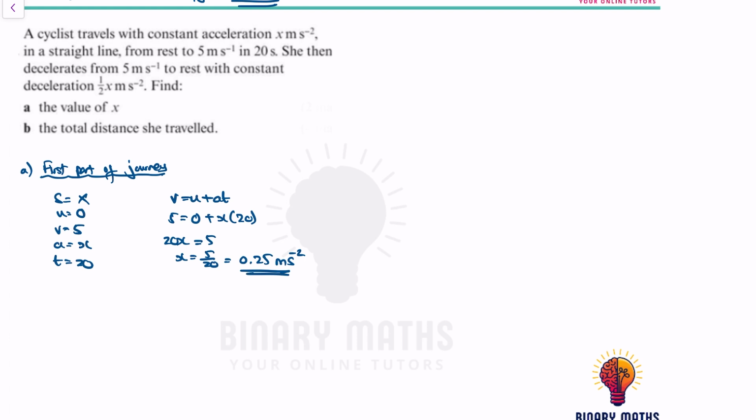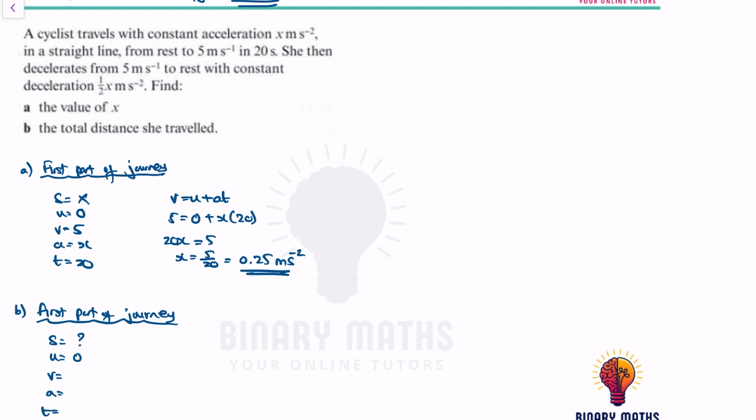The total distance she traveled. So B is, again, there's two parts to the journey, so we have to work out each distance separately. So first distance is first part of journey. So we've got S, U, V, A, T. We're trying to find the displacement.